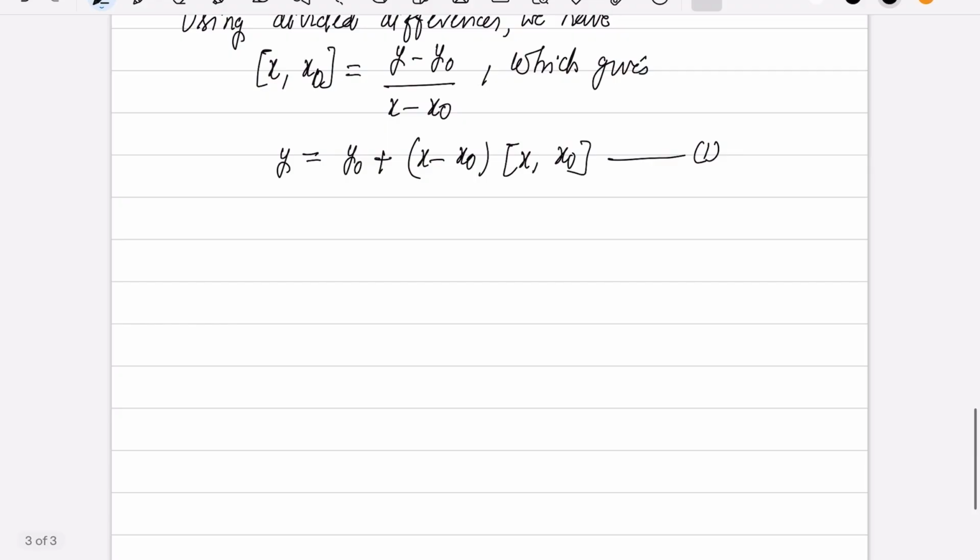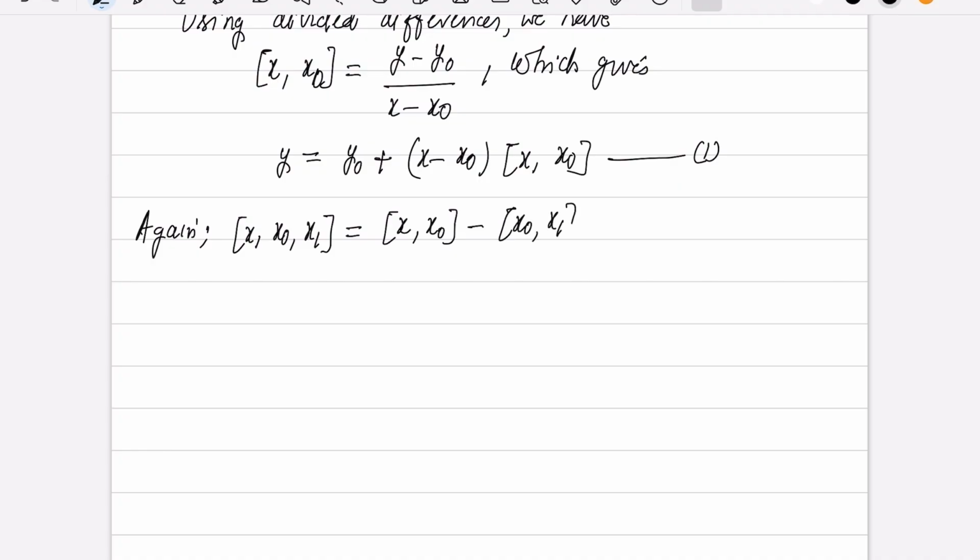Now similarly we can use the divided difference of order 2. This is x0, x1. As per the definition of divided difference, this is equal to x comma x0 minus x0, x1, whole divided by x minus x1.